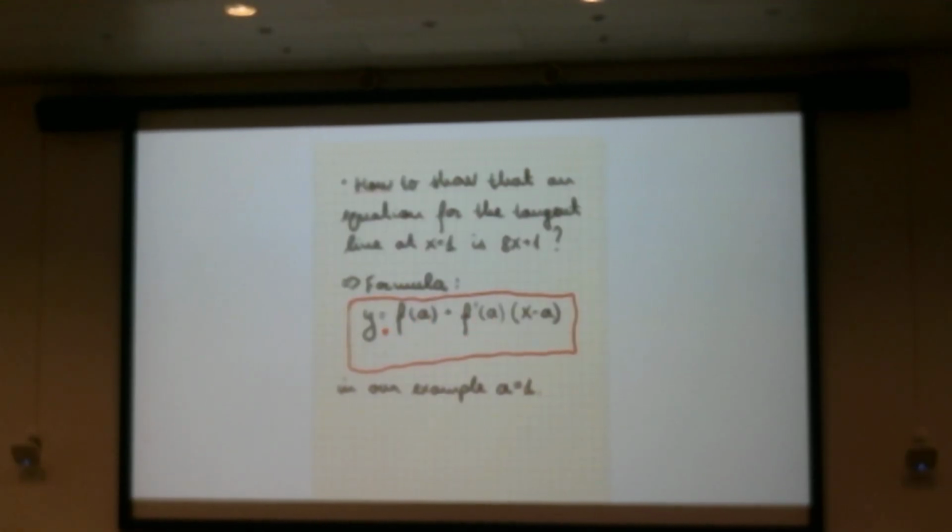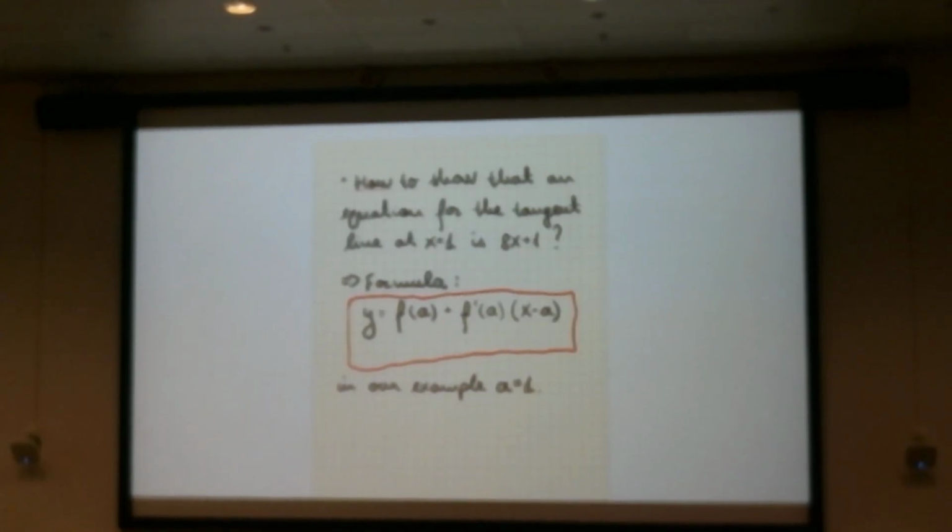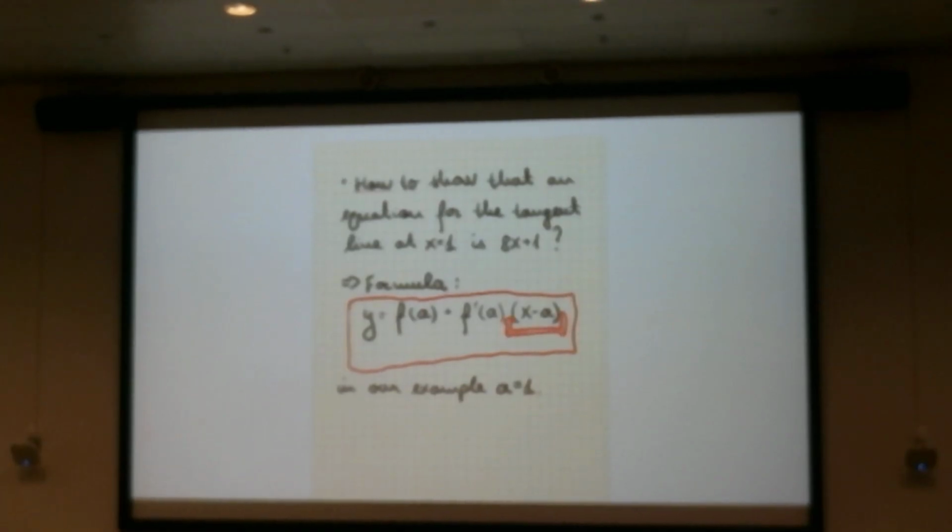I'm going to take the function, evaluate at 1. I'm going to take the derivative of that function, evaluate at 1. And I'm going to multiply it by x minus 1. So I'm just inserting 1 right here. So let's apply this formula to our example.